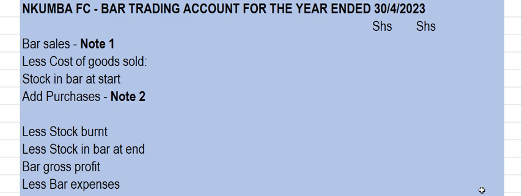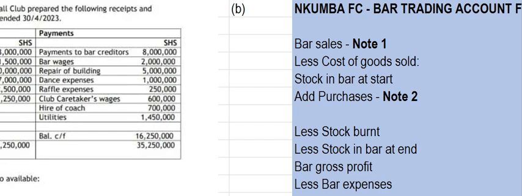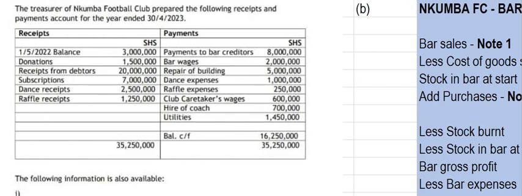Now, as I've told you, most of these clubs or organizations don't keep proper books of accounts, they use single entry. So we have to use the available information to see how we can get the missing information we need to come up with the different statements as required.